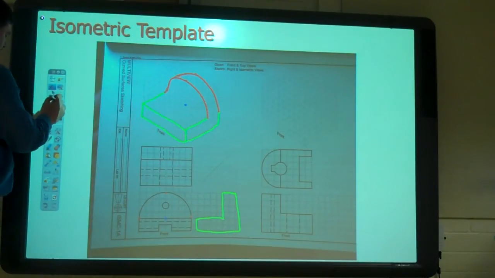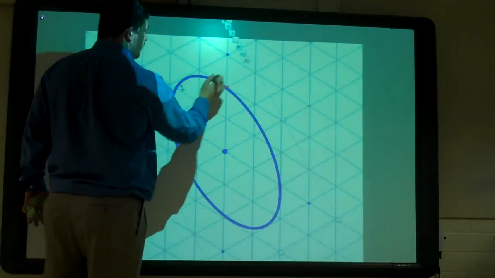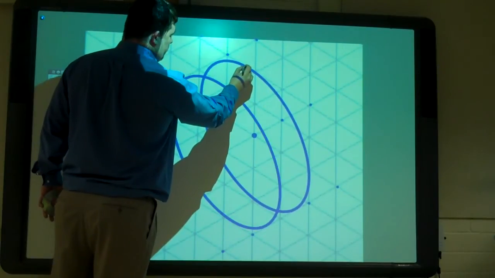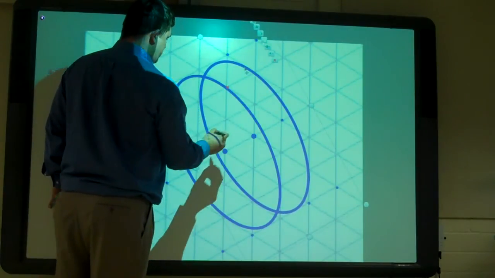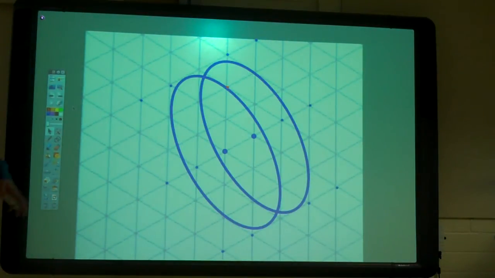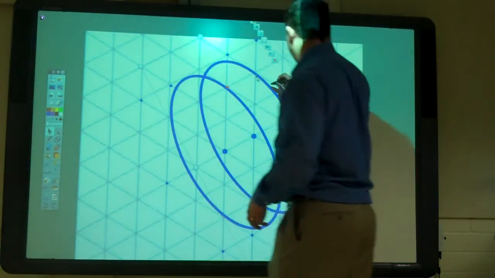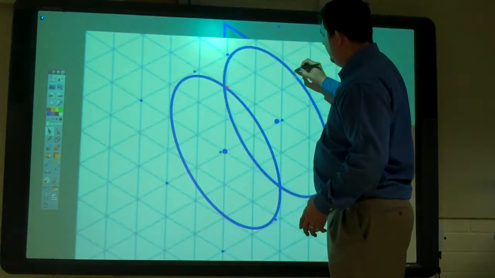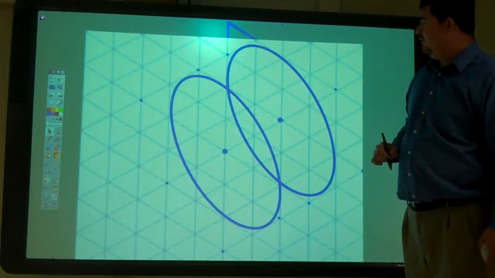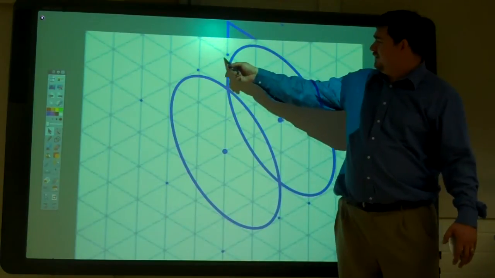So I'll do the same thing again. Like that. So that'd be my second one back. Actually, let me go up further so we can see it some more. Like that, right? What do you notice right there?